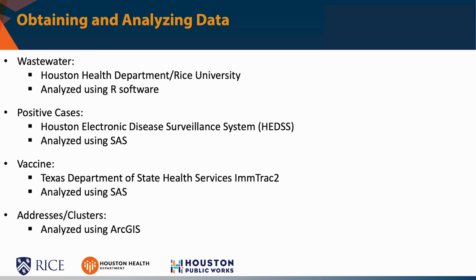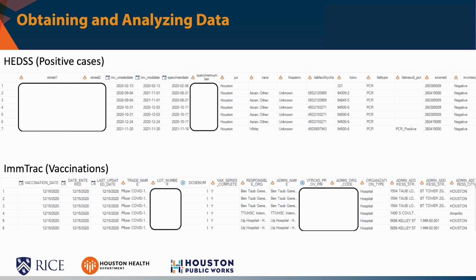Here is a de-identified example of some records in HEADS, the system used to obtain positive case data, and MTRAC, the system used to obtain vaccination data, to give an idea of how the data is captured in these data sources. HEADS contains data such as demographics, addresses, specimen dates of the test results, reporting labs, and several other pieces of information.